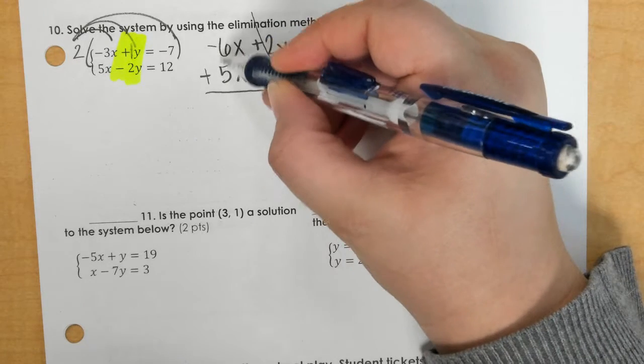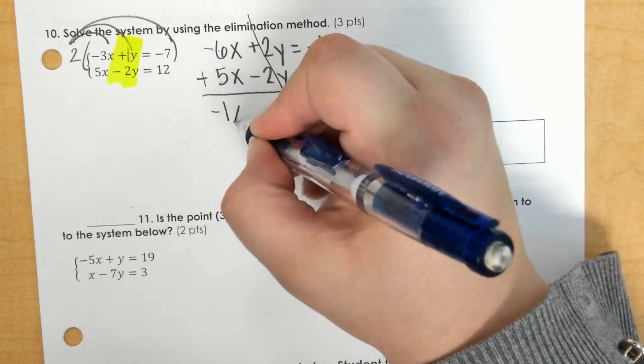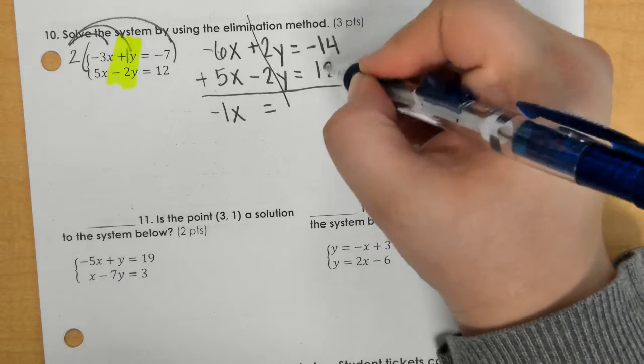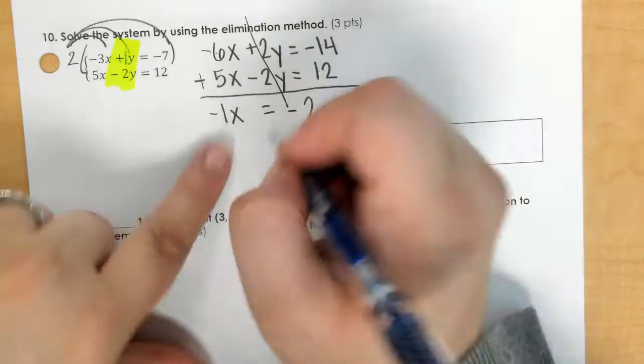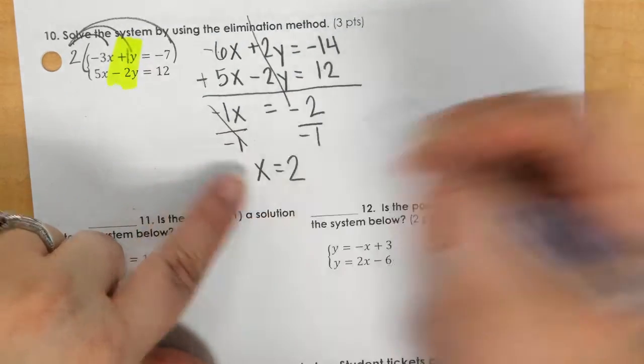If I combine, which means subtract in this case because a negative and a positive make a negative 1x. Here, negative 14 and 12 means I'm subtracting, so negative 2. To get x by itself, I divide by the negative 1, and x is 2.